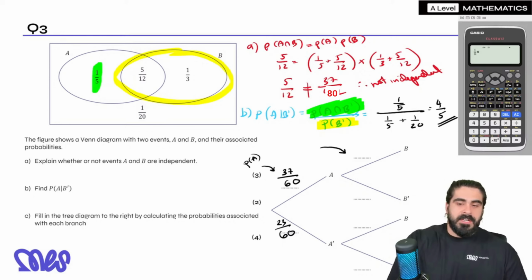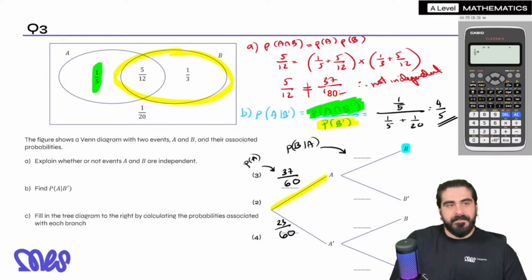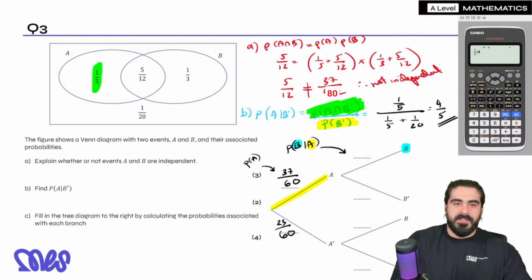It's saying, look, given we have A, yeah, given A, saying the probability that given we've just done A, what's the probability that we get B? Yeah, what's the probability of getting B? That's what that branch is, B given A. That's the kind of idea behind this question. Now we can use the diagram to just do this.